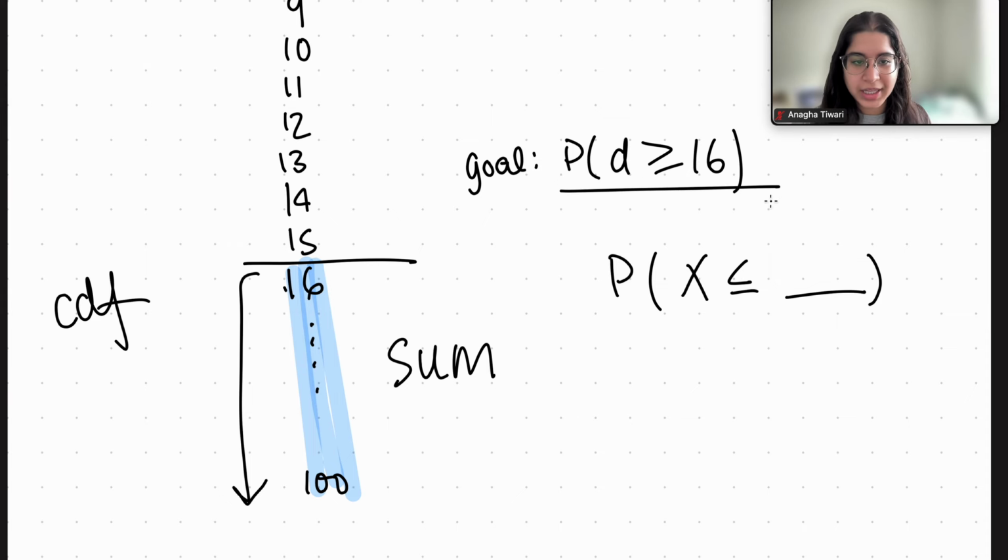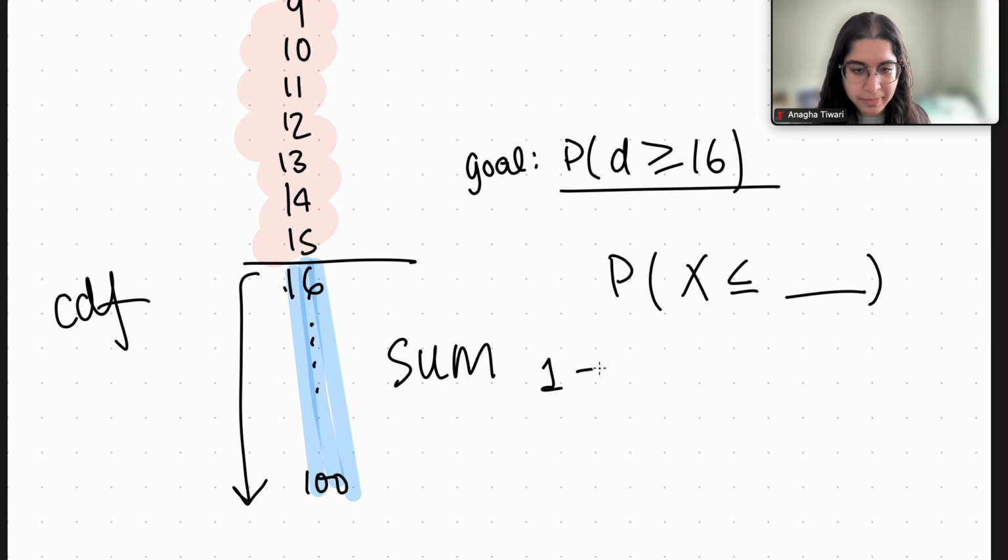So how to find that? Well, I can do 1 minus the CDF of 15. The d.cdf of 15 finds the probability that D takes on values less than or equal to 15, the sum of all these values up here.